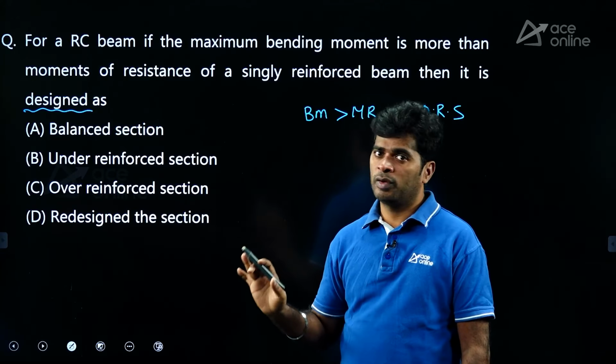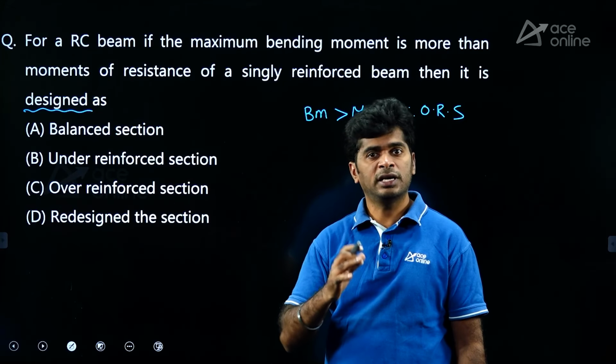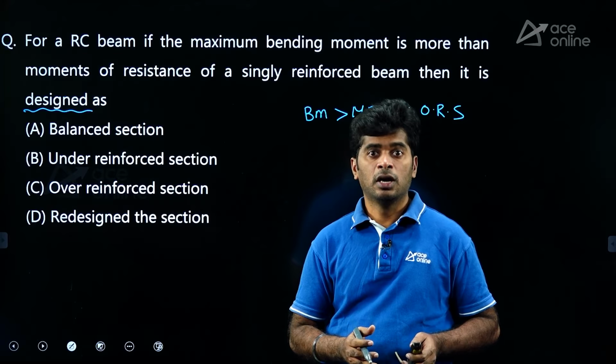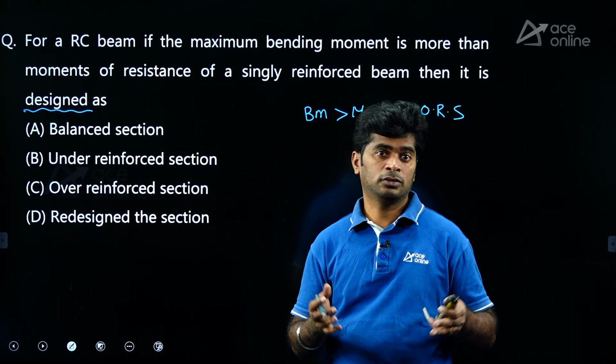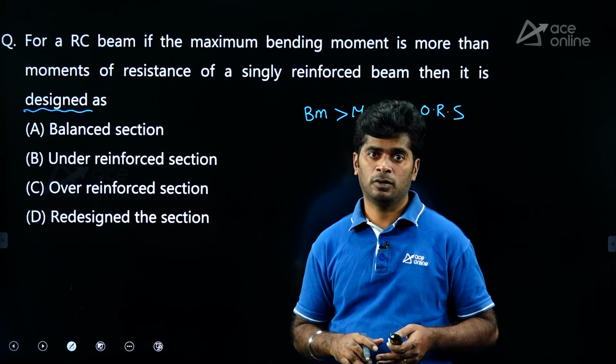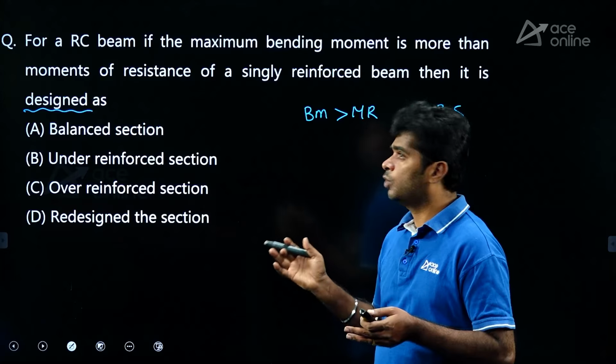Actually, it is an over reinforced section, but we never design an over reinforced section because the nature of failure is sudden, because in an over reinforced section, concrete fails first. You know that concrete is a brittle material, it leads to sudden failure. We don't design it, we go for redesign. Actually, we have two options.